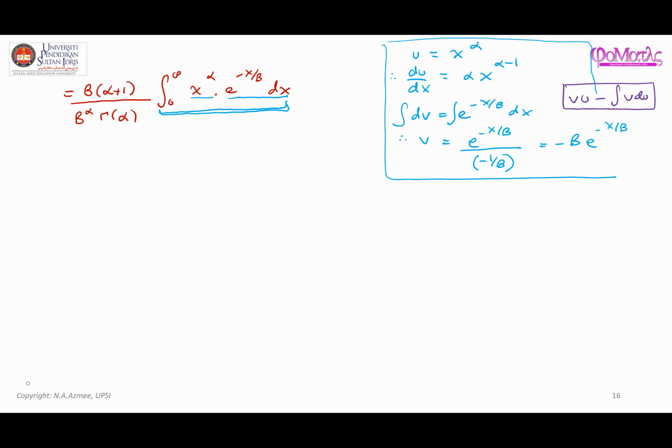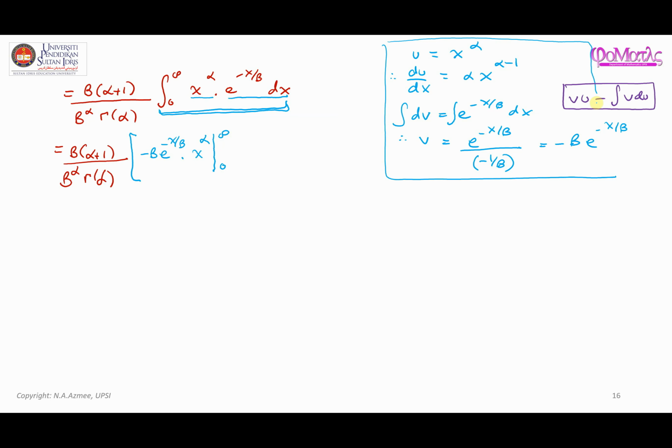let's just do that. So here we have 1 over beta to the alpha plus 1, times 1 over beta to the alpha gamma of alpha, and the blue part here is going to be, well, first of all, v is this guy, so write down v, negative beta e to the negative x over beta, and u is x to the alpha, and it's going to be evaluated from 0 to infinity.